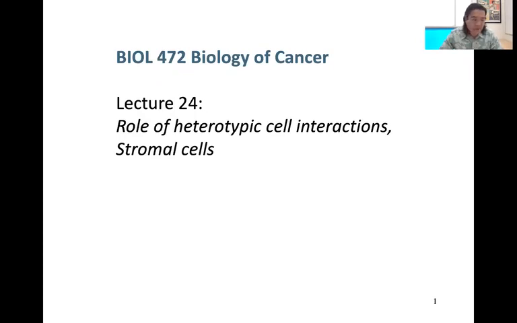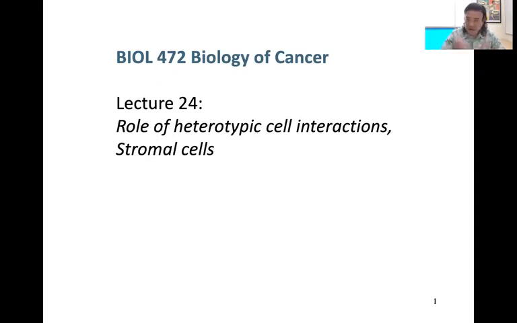Today we're going to shift gears a little bit and start talking about how transforming cells and cancer cells interact with their surrounding tissue environment. In other words, the other cells that are right there with them.